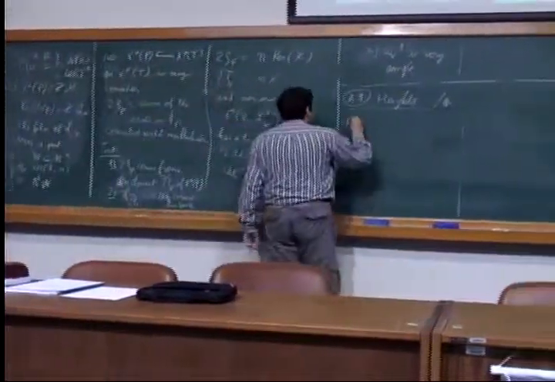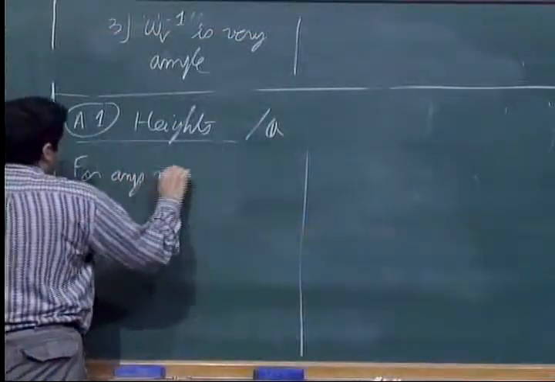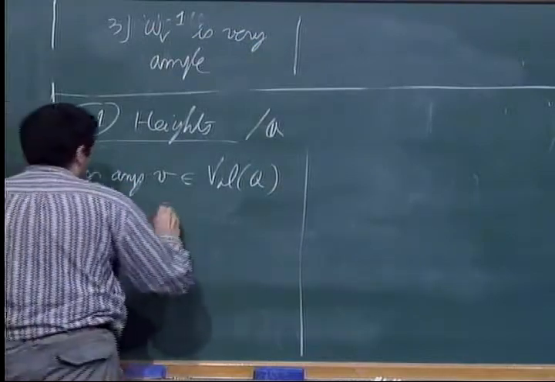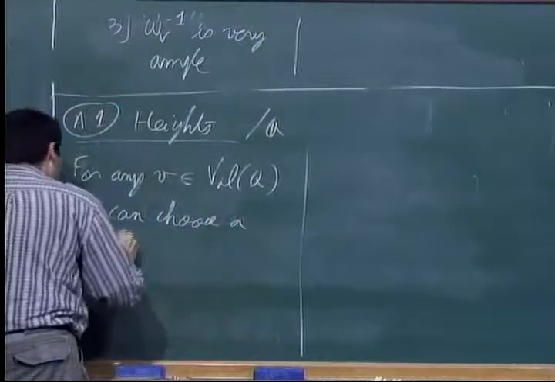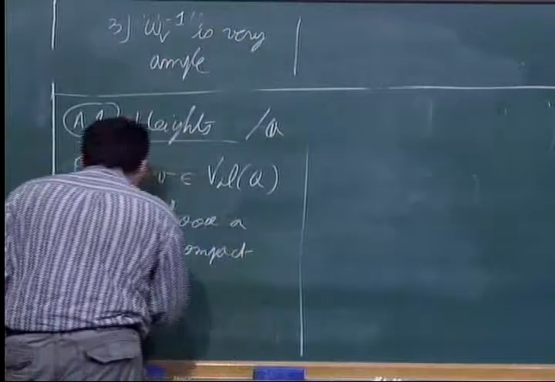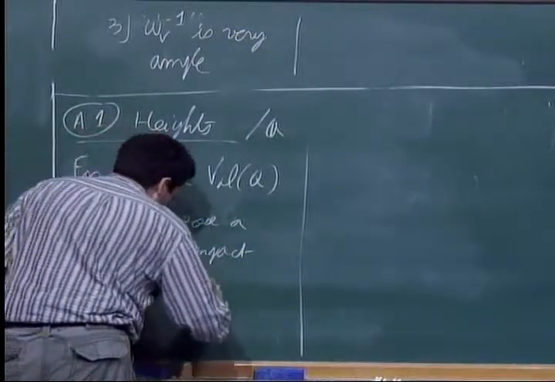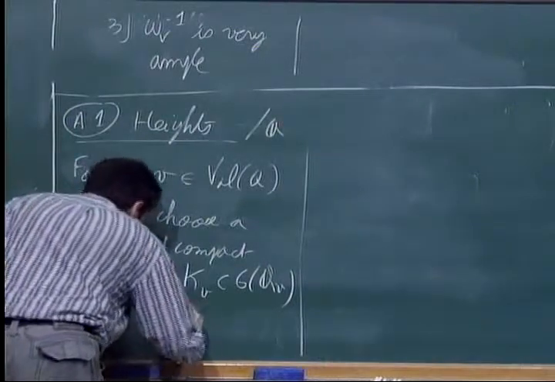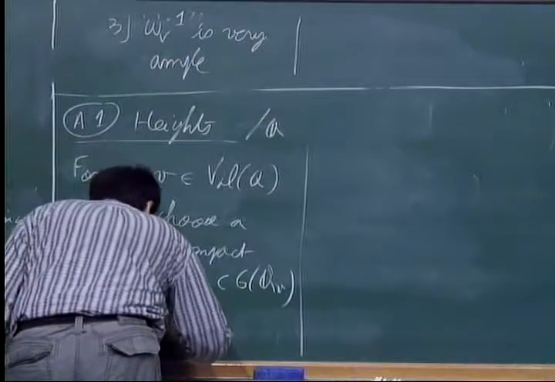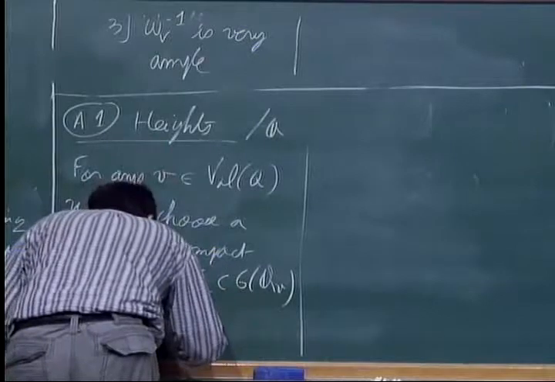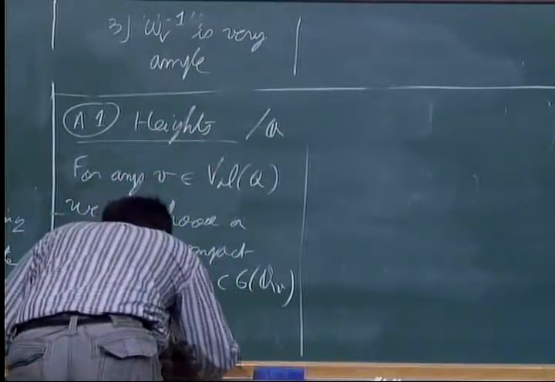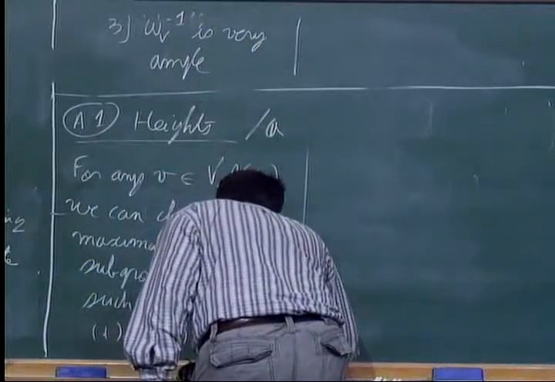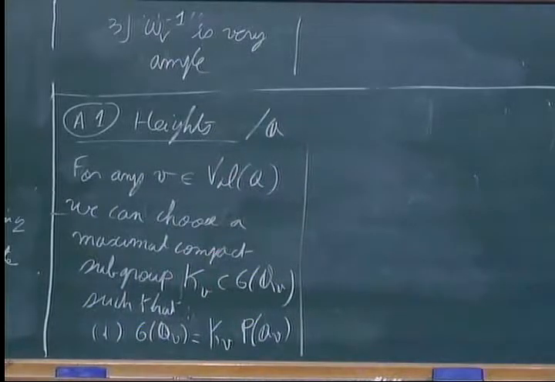So, for any place v of Q, we may choose a maximal compact subgroup, let's say K_v in G(Q_v), such that, well, I want two conditions, namely that any element in G(Q_v) can be written as an element in this compact subgroup times an element in the parabolic subgroup P(Q_v).